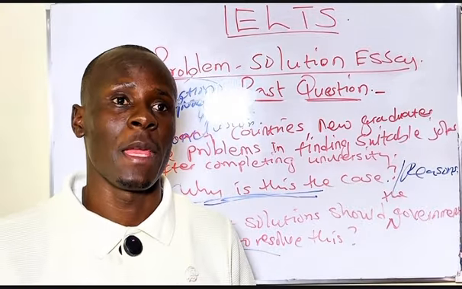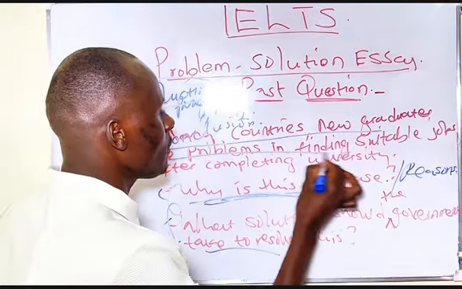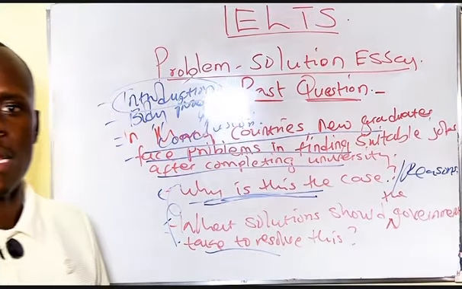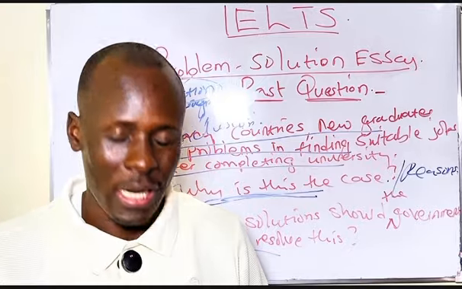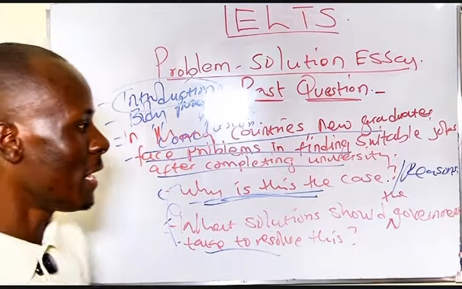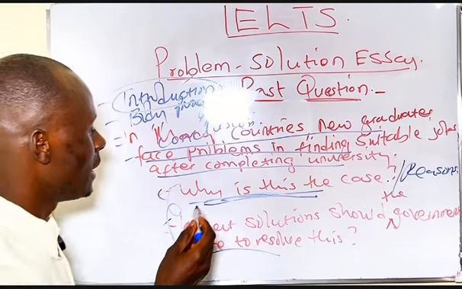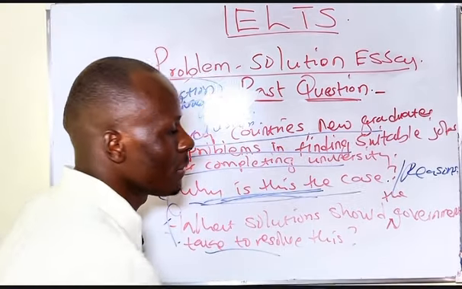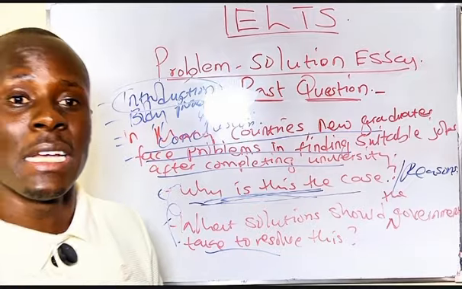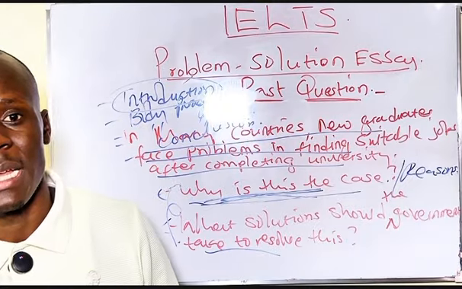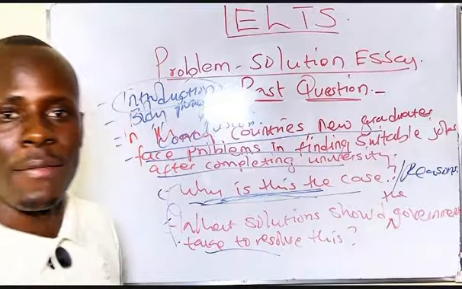The first sentence is the paraphrase. You will need to paraphrase the topic statement. Then for the second sentence, you answer the first question: why is this the case? Give at least 2 reasons.